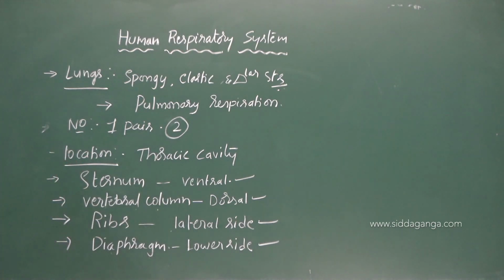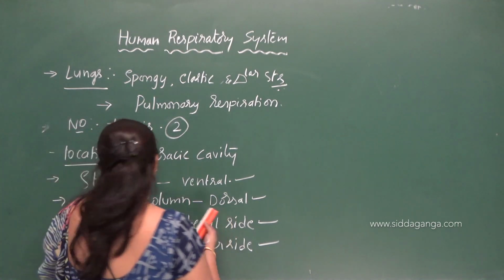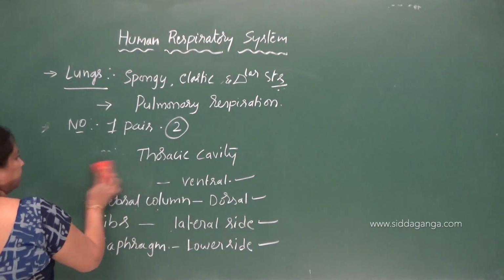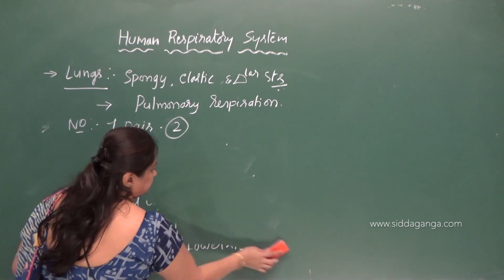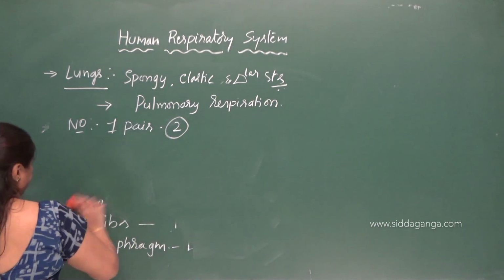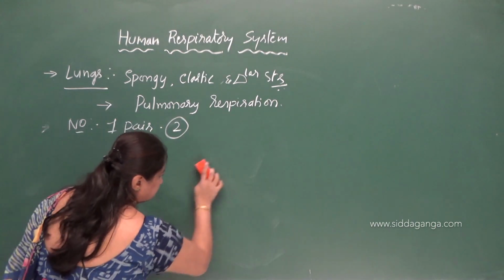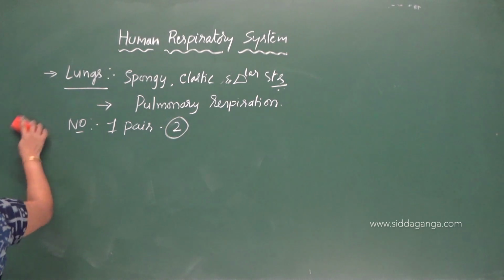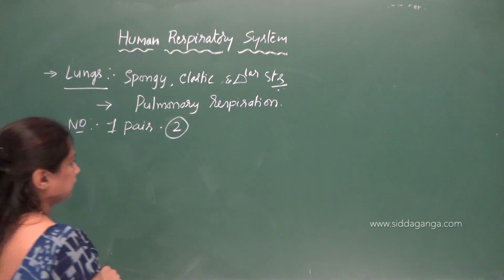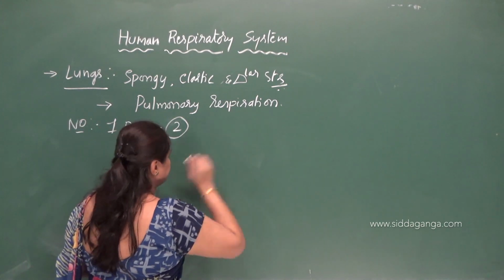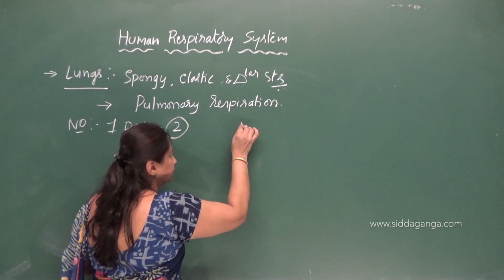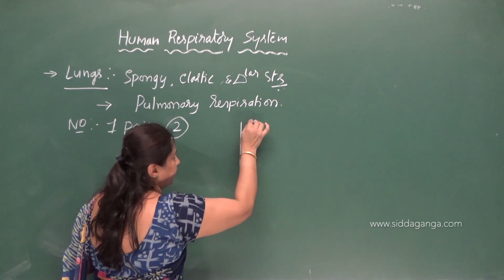Now, let us discuss the internal structure of the lungs. See, what is this? This is trachea.